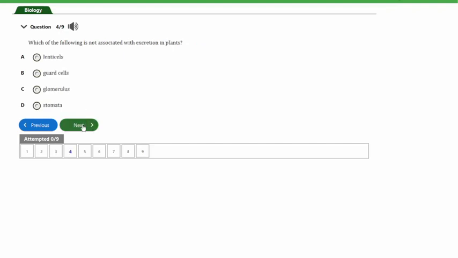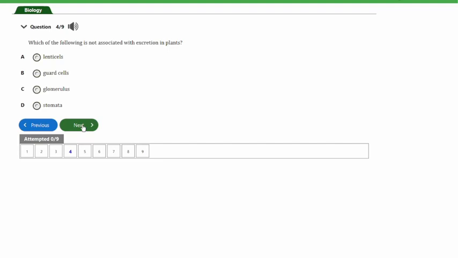So guys, let's look at the next question, and that's question number 4. It says, which of the following is not associated with excretion in plants? A. Lenticels, B. Guard cells, C. Glomerulus, D. Stomata. So guys, the answer to this question is glomerulus. Glomerulus is not associated with excretion in plants.